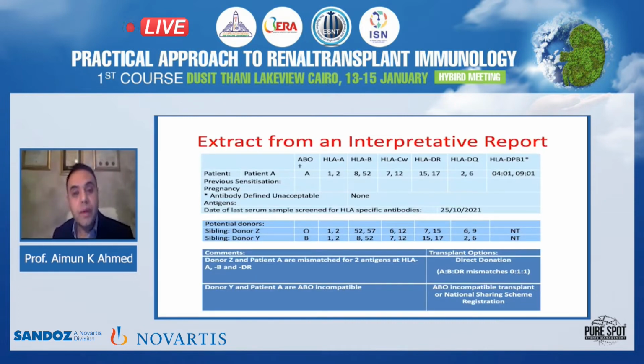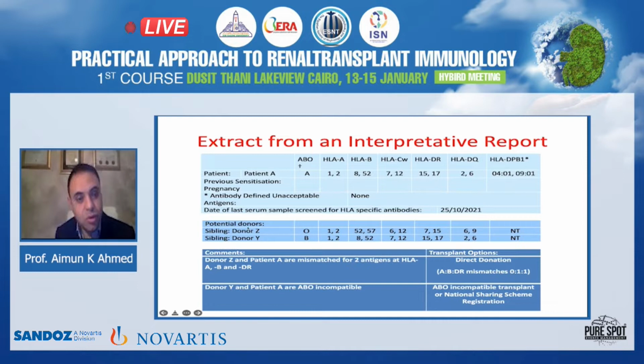This is also an extract of the HLA tissue typing and matching between, for example, patient A and donors Z and Y. It tells you here the blood grouping of the potential recipient, blood group A, and the HLA typing, and the donors, blood group O and B, and tissue typing.